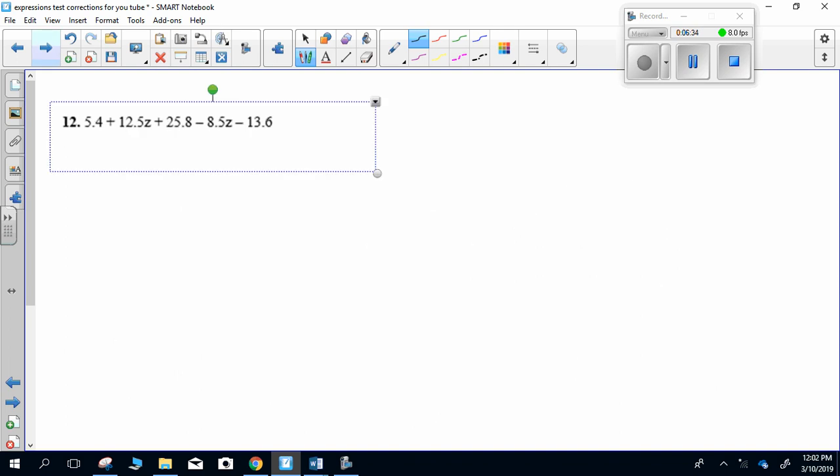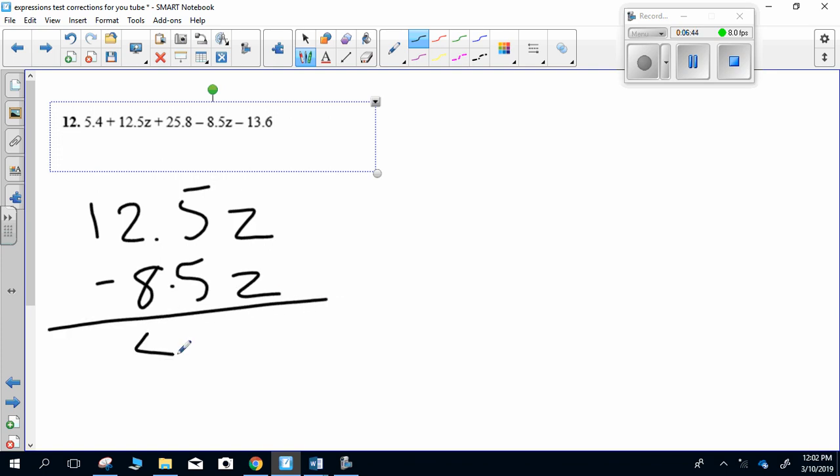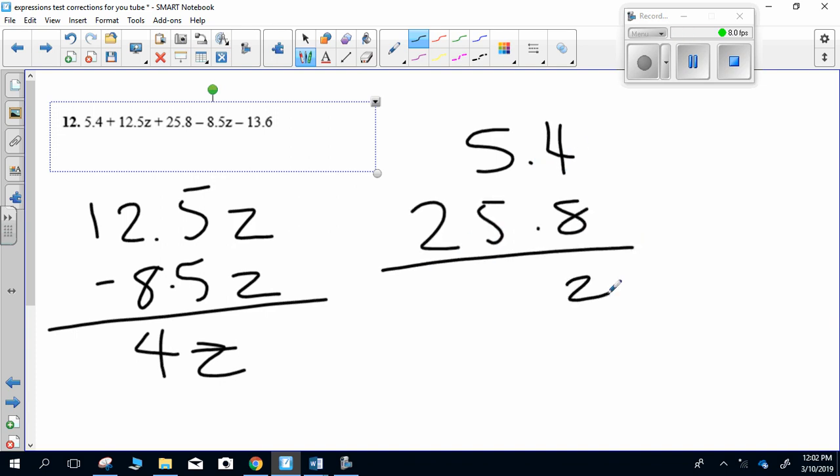Next one, same idea, but now my coefficients are decimals. So I've got 12.5 z minus 8.5 z gives me 4z. Then I have 5.4, 25.8. That gives me 31.2.